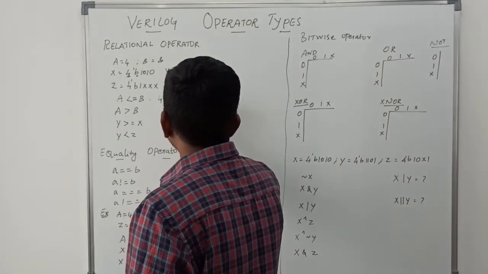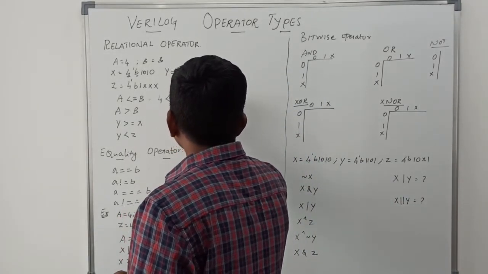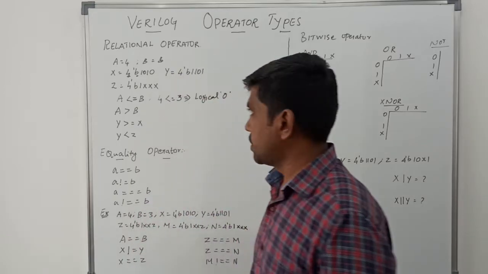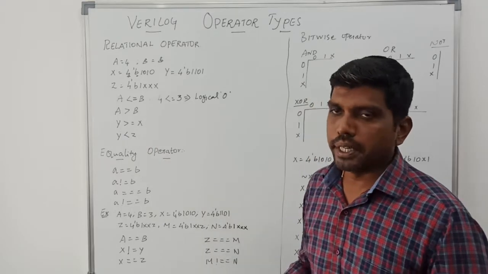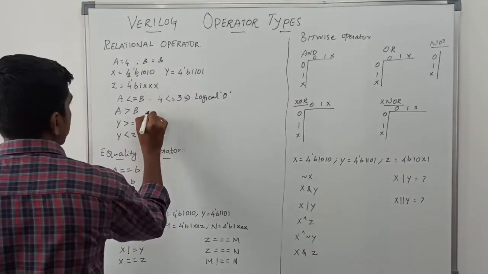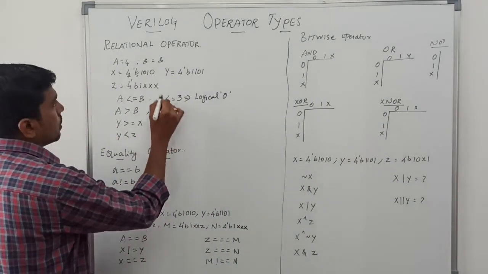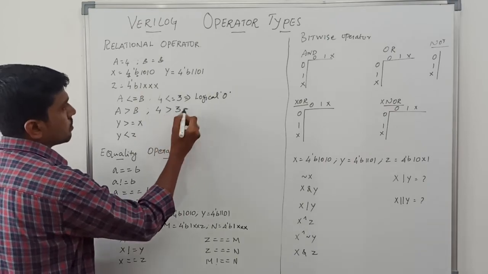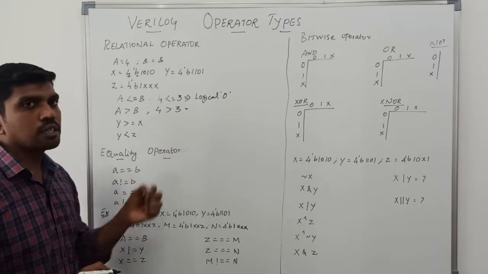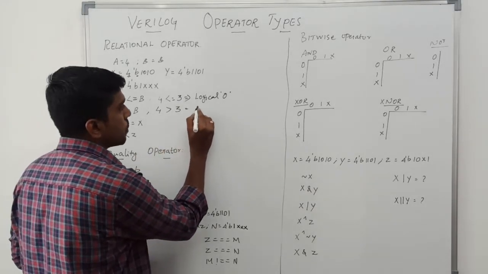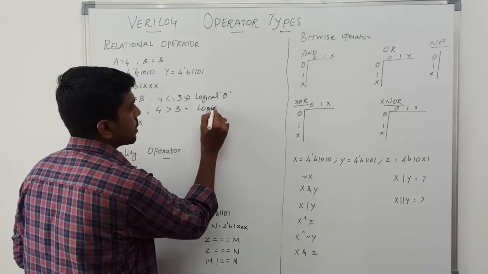Then the second case, A greater than B. A value is 4, B value is 3. Comparing these two values, A is greater than B, so this condition is true. Once the condition is true, it produces logical 1.